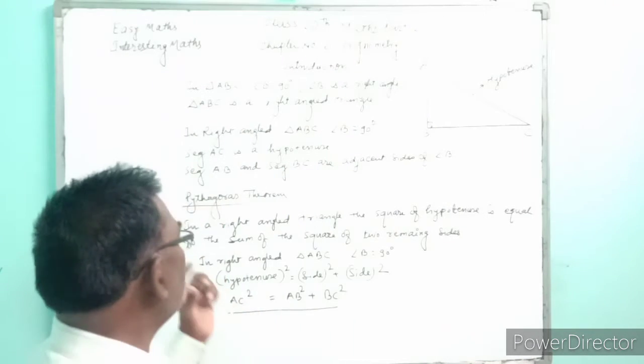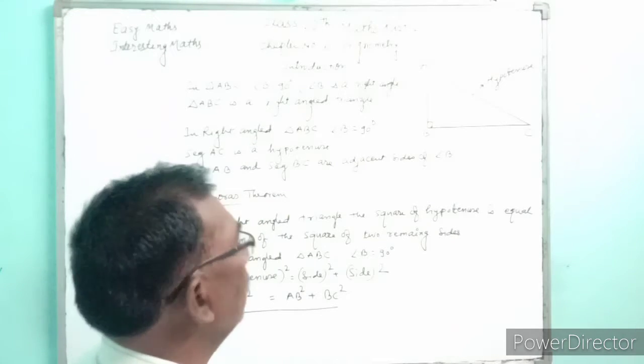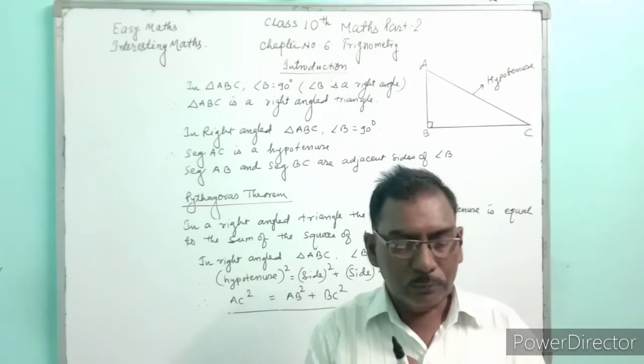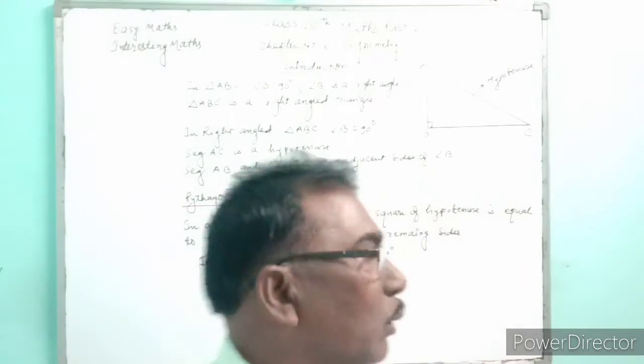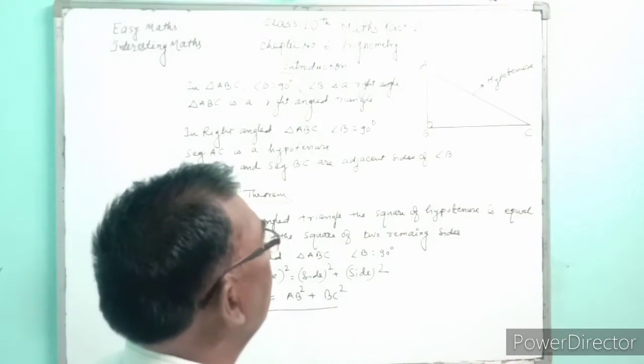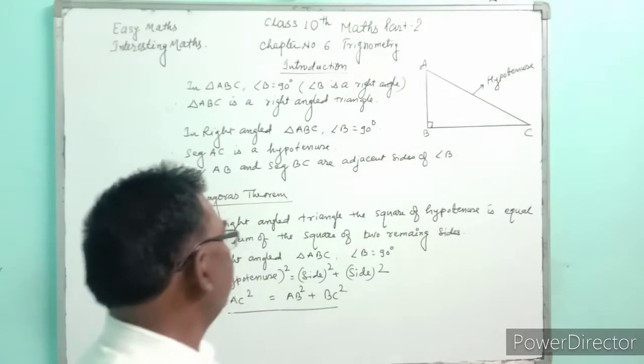So, the Pythagoras theorem is essential for trigonometry. But why? First, in trigonometry, we must know the right angle triangle, the hypotenuse and the Pythagoras theorem.